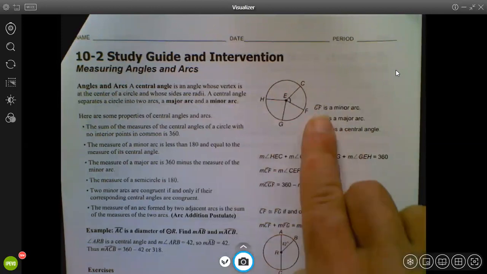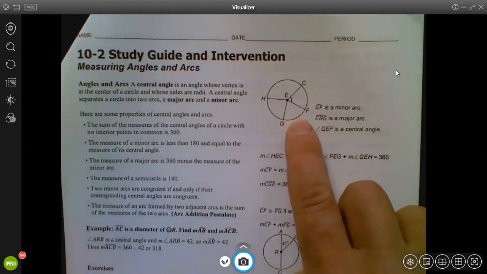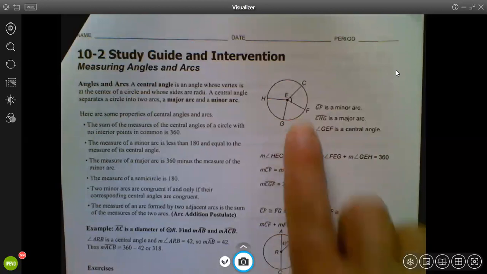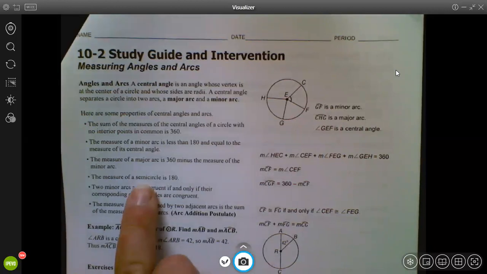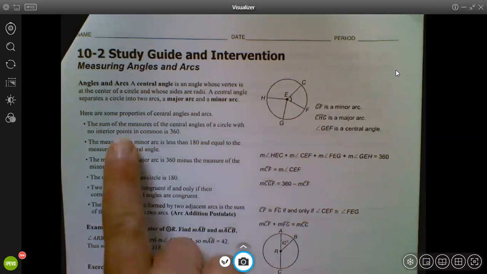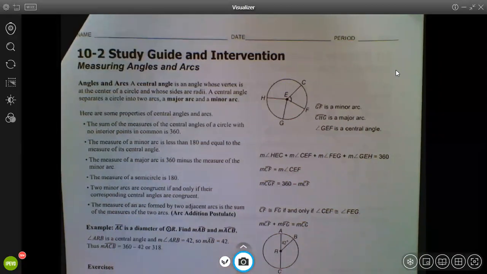If you get one that is less than half the circle, so like GF, this little guy right here, that's obviously less than half of the circle, that would be a minor arc. If you get one that is exactly half the circle, so if you get an arc that is 180 degrees, we call that a semicircle. So guys, all that I just said is in these bullet points right here. So you don't need to necessarily write all that down separately. It's all within those bullet points that you're seeing.